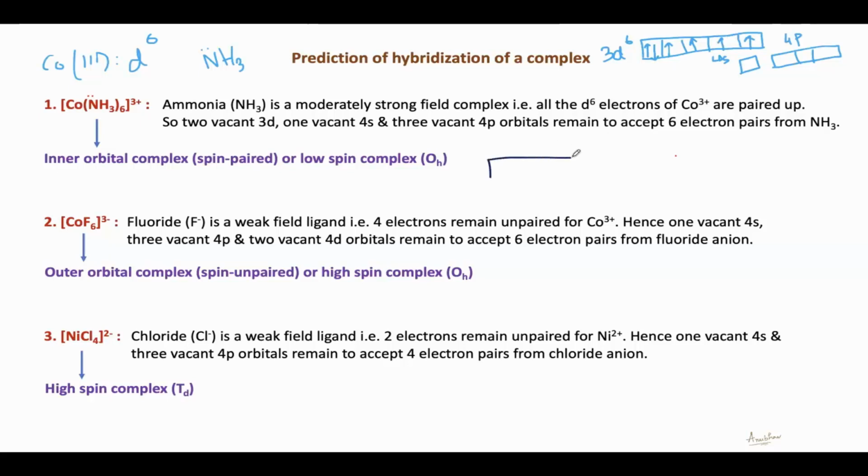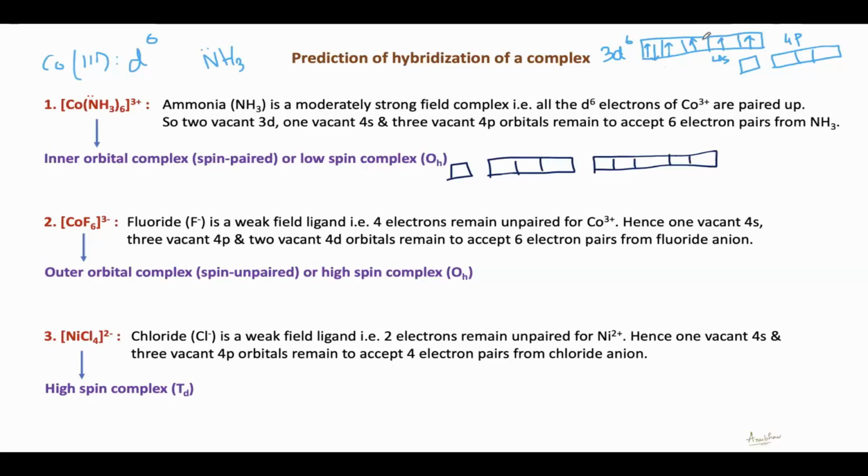So when the fluoride ions come into the picture, we will have this scenario. We have 1 4s here, we have 3 4p here, and also in the higher energy, we have 4d too. Now here in this case, you can see 3d6 is already filled up because the electrons are not paired up, because F minus is not a strong field ligand.